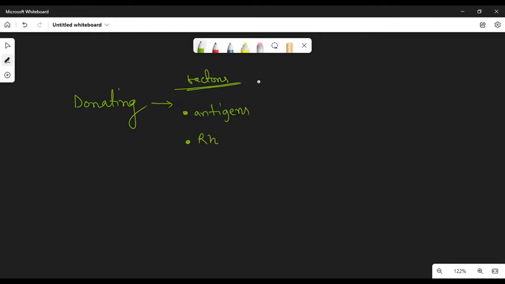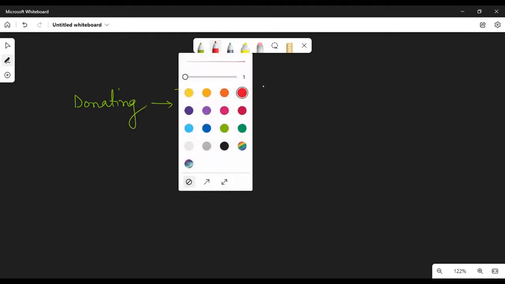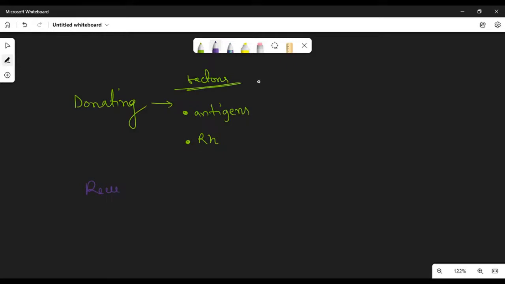And in case of receiving, what plays a factor is the antibody, because an antibody gets activated when some harmful stuff gets inside the body, or it sometimes gets activated automatically.